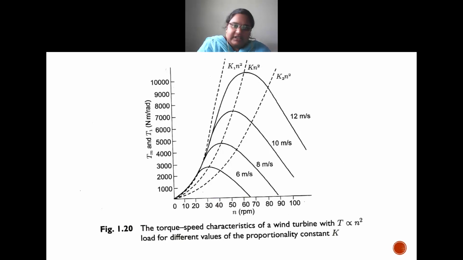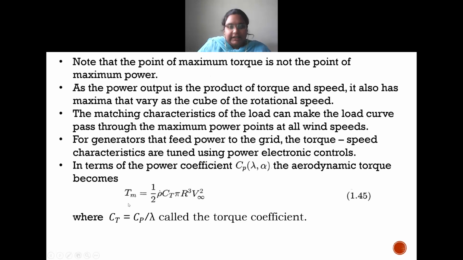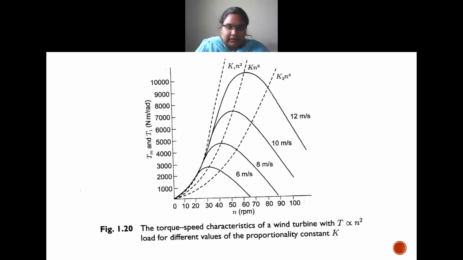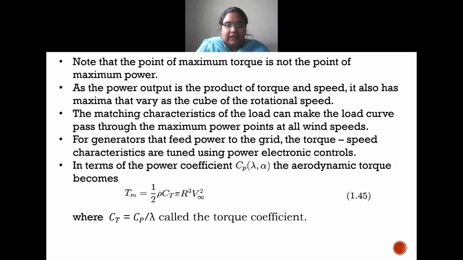If you look at this diagram, if you take k as your proportionality constant rather than k1 or k2, then you will get maximum benefit from these torque speed characteristics. That is why we need to make sure our proportionality constant is in the correct range.